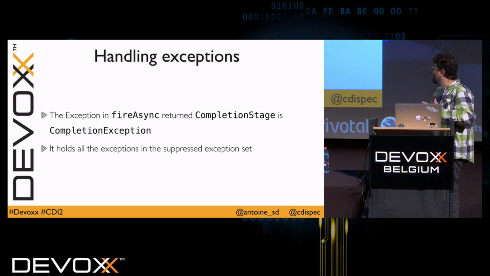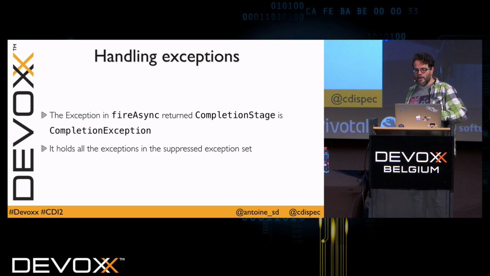So you'll have all the information of the exception in the CompletionException. That's not a CDI 2 feature, that's a Java 8 feature. You will have all the information on the exception that happens in your asynchronous observer notification in the CompletionException.